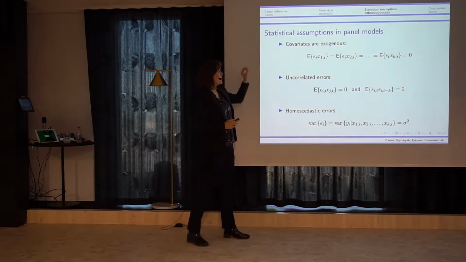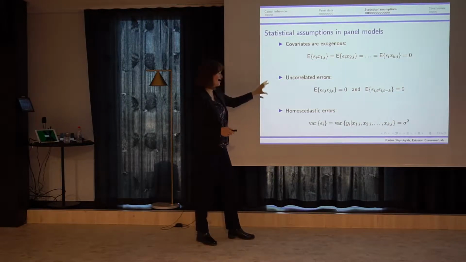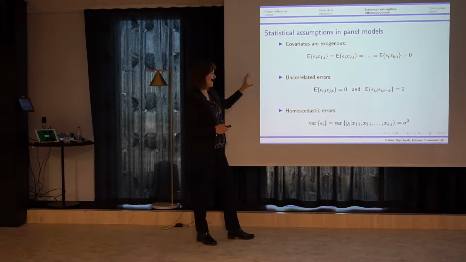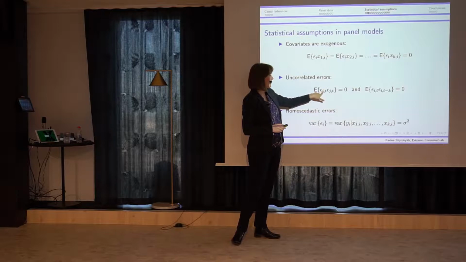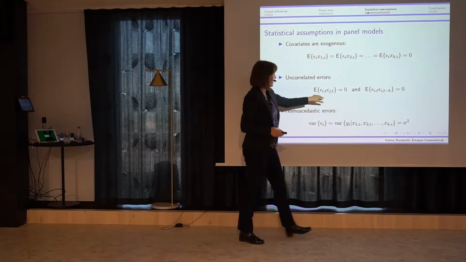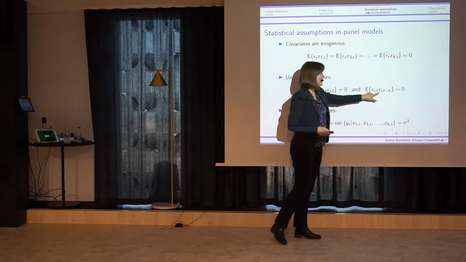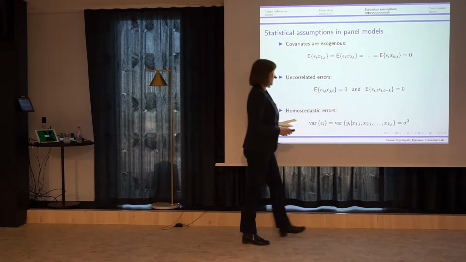So first, we have a strong assumption that covariates are exogenous. We also assume that errors across units of analysis, or individuals, let's say, or states, are uncorrelated. Here we also assume that error terms across time periods are uncorrelated, so that is very important.